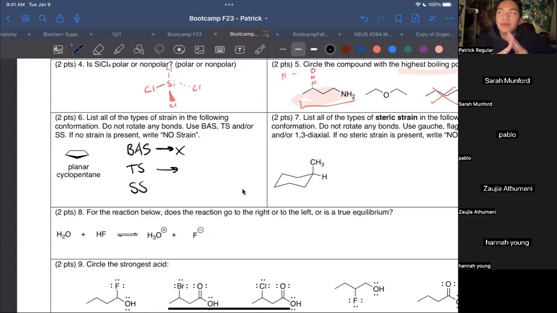And gauche is when you have a staggered or eclipsed conformation, but you have 2 methyl groups that are close to each other in terms of that angle. We don't have any methyl branches, so we don't have any of that.